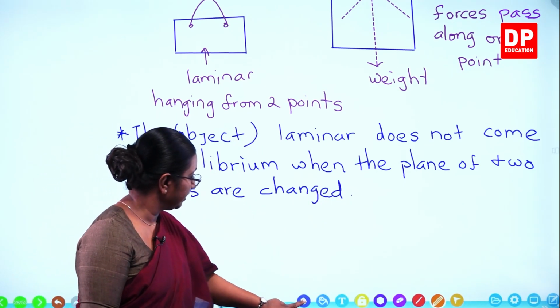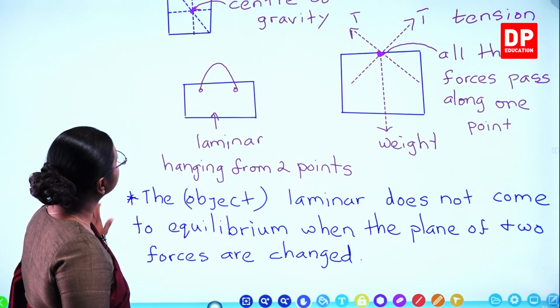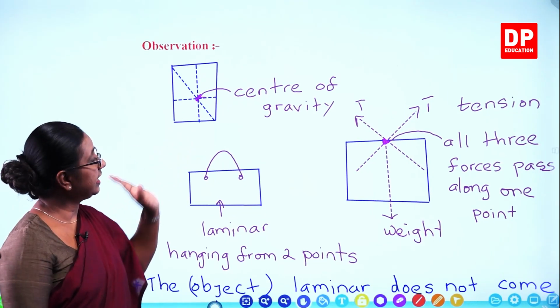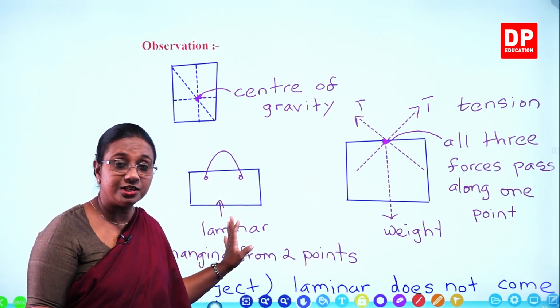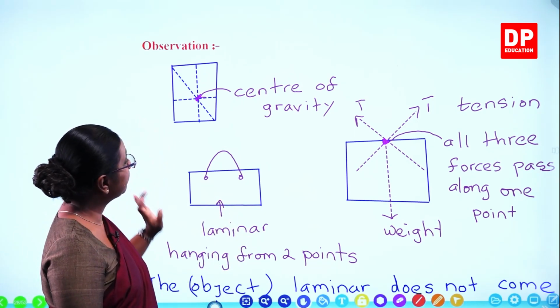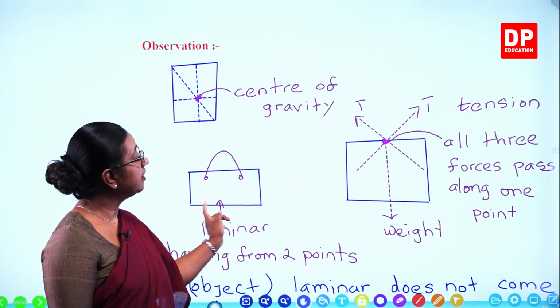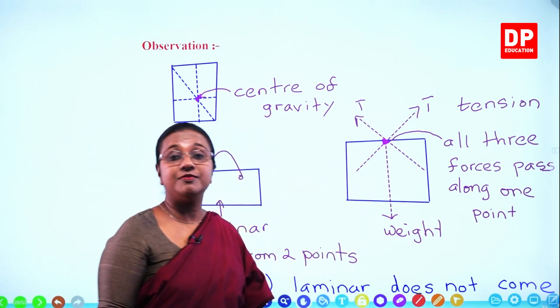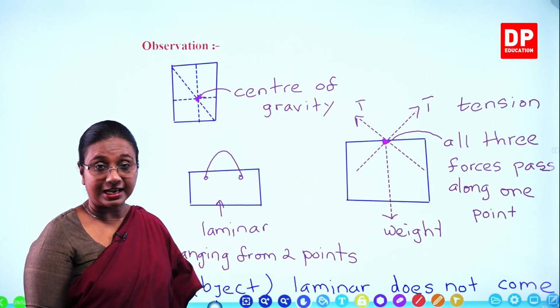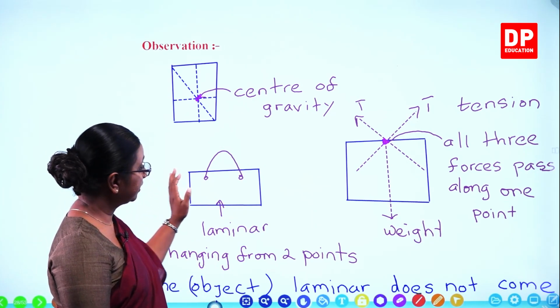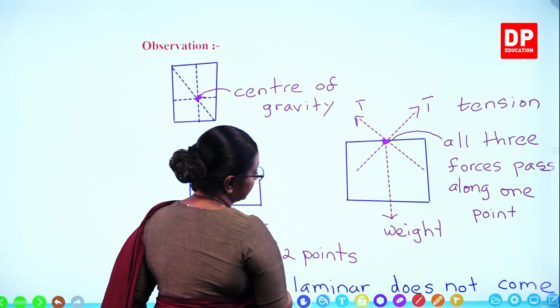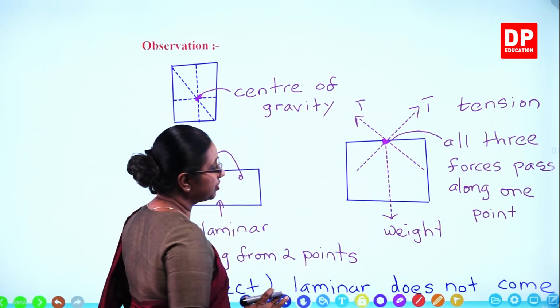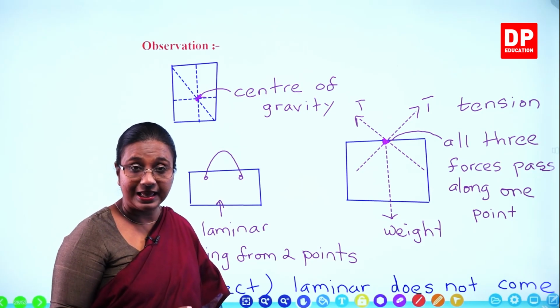So from all these, students, we can reach the conclusion. First thing, center of gravity, that is of course something that you know, that is not a conclusion. That is to identify the center of gravity so that we know the line through which the weight of the lamina will act. From this part we can see all three forces intersect each other, and also they are all on the same plane.